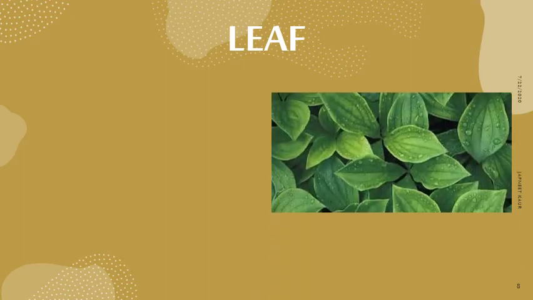Now the next one is leaf. So this is how leaves look. Leaves may vary in color and size. They may be bigger or smaller than this, or you can see dark green or light green leaves, and sometimes leaves are of different colors, like pinkish colors.